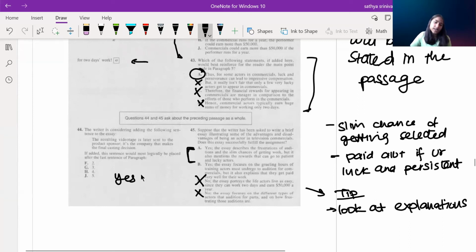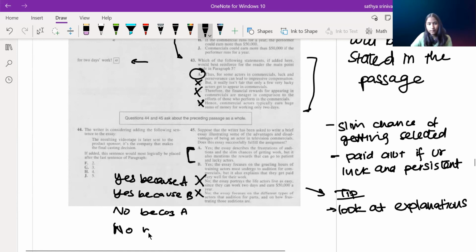It'll be yes because A, yes because B, no because A, no because B, right? That's usually how it'll be. Like in this case, it's not, right? So in these types of questions, what I'd recommend doing is that you first find whether A or B is right, and then see whether yes or no corresponds to A or B, if that makes sense.